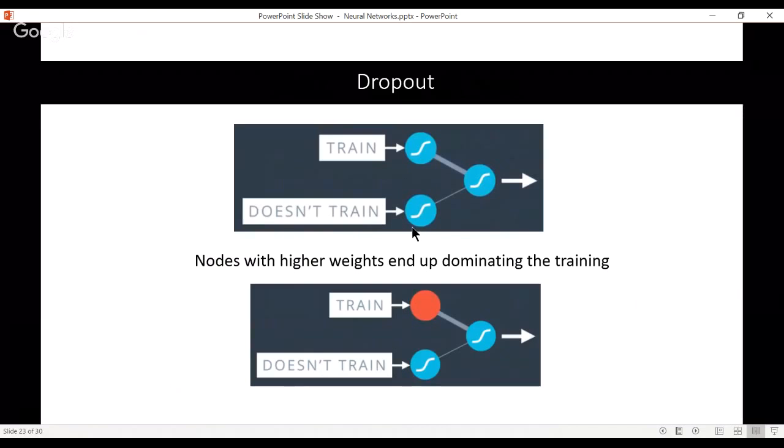The nodes that have low weights are not participating enough in training, so they don't get trained enough. That's why these nodes end up having lower and lower weights, and they will not get trained at all. To avoid that, you can randomly drop some of the nodes from training, so that other nodes get an equal chance of training, and this will balance out the weights. No one node will have weights big enough to lead to overfitting.